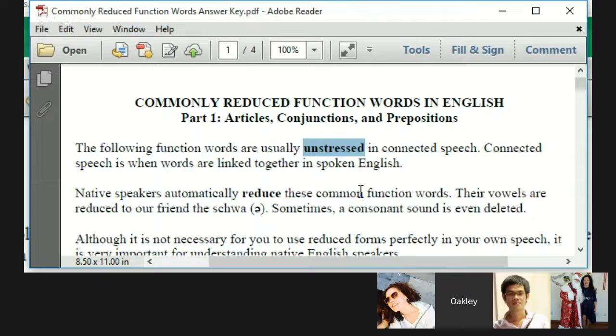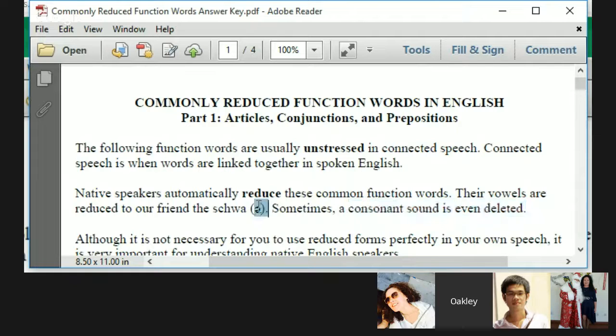Here's the commonality: the vowel sounds, regardless of A, E, I, O, U, are generally reduced to a schwa sound. Occasionally, a consonant sound is even deleted, especially in questions using do or did, auxiliaries. Often even consonants are deleted.